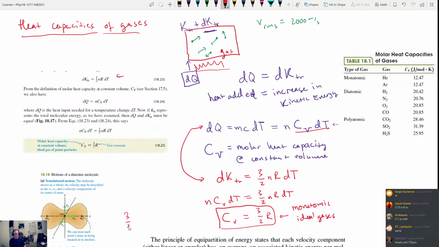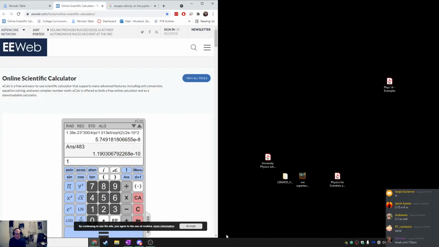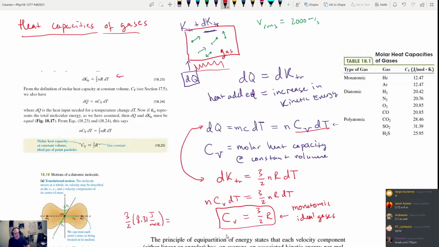So 3/2 multiplied by 8.31 joules per mole Kelvin is equal to about 12.5, or 12.47. And of course the units would also be joules per mole Kelvin.